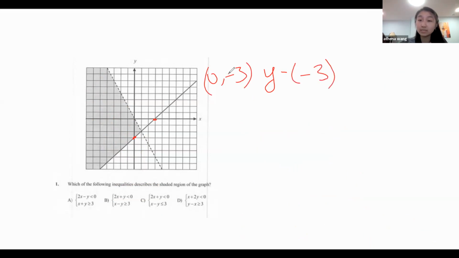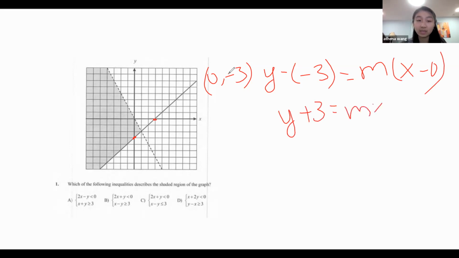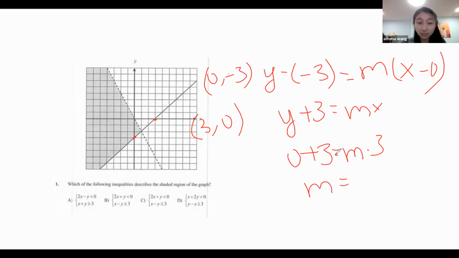So y minus -3 equals m times x minus 0. So we have y plus 3 equals mx. Now we plug in (3, 0) here. So we have 0 plus 3 equals m times 3. So m equals 1 in this case.